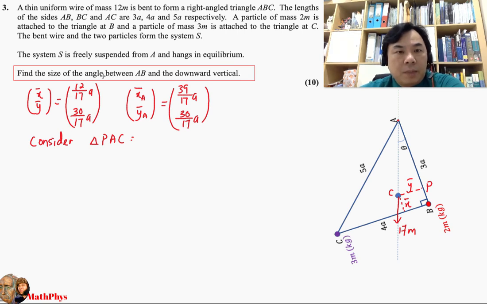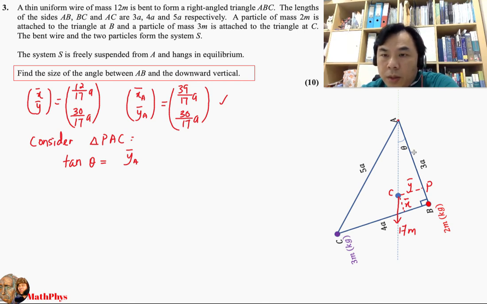It is the angle made between the line AB here and the downward vertical. So here we found that we can write tan theta as y bar A over x bar A.